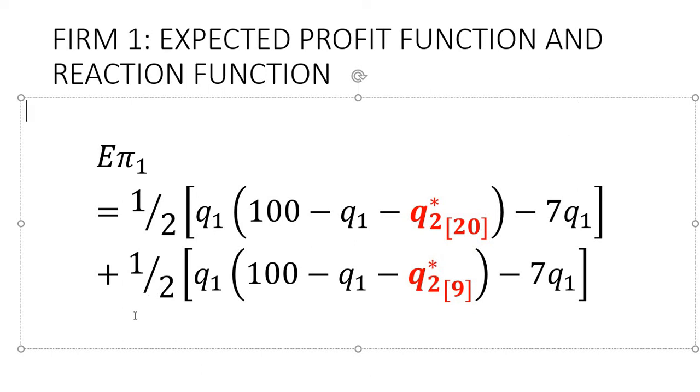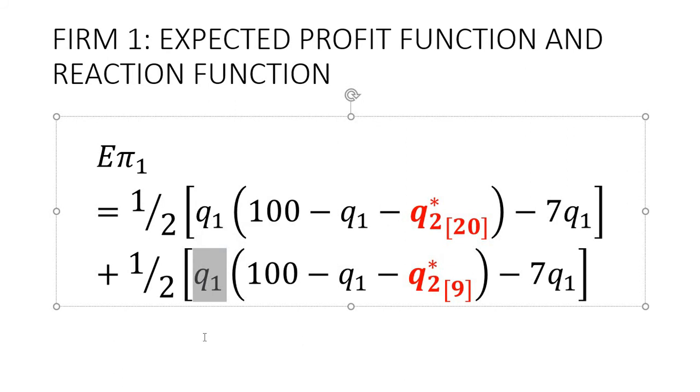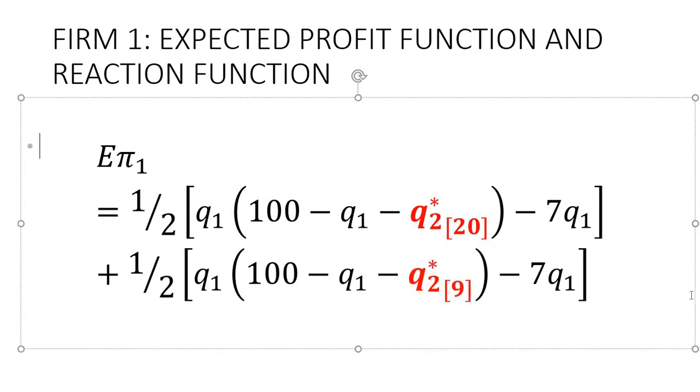Another possible scenario is that marginal cost of the second firm is equal to 9, and accordingly the profit will be equal to Q1(100 - Q1 - quantity produced by the rational second player corresponding to marginal cost equal to 9), minus 7 times Q1.